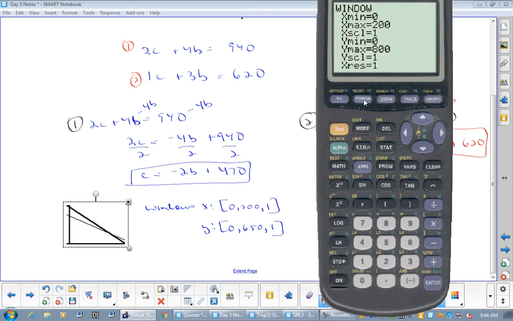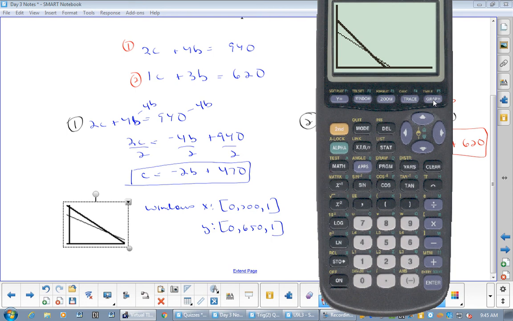Okay, now that's still not great. So window, oh, see, I changed the wrong one accidentally. I want X max. That happens to me all the time. Sometimes I even try to make a mistake, so you guys will catch up with that one. Now, if you see more than you need to, it's still acceptable window settings.